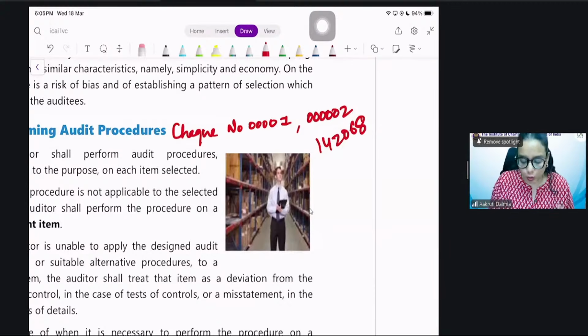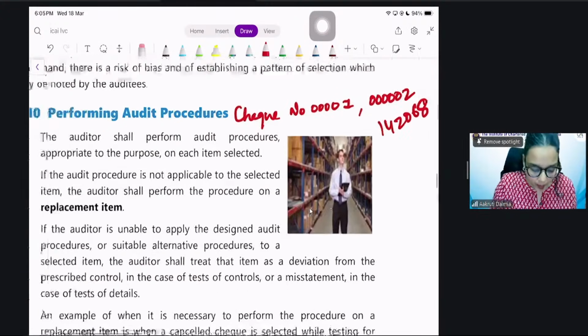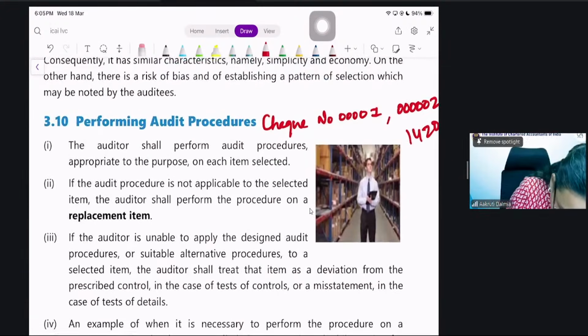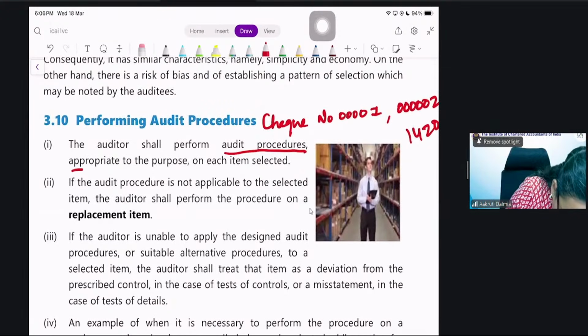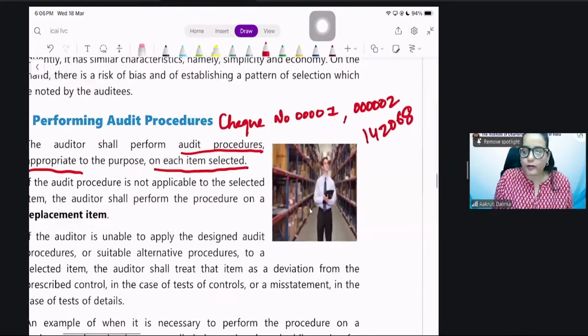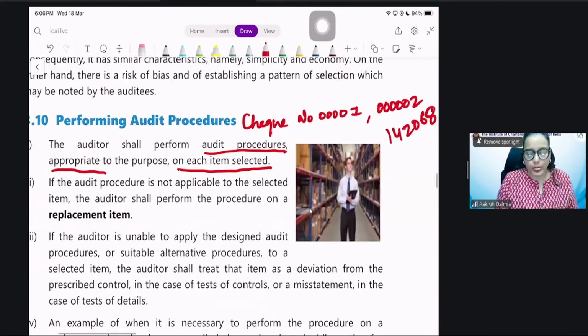So let's say you have selected some samples of check numbers, like 10 check numbers that you want to check. The auditor shall perform audit procedures appropriate to purpose on each item selected. So if I have selected 10 check numbers, I will take those 10.